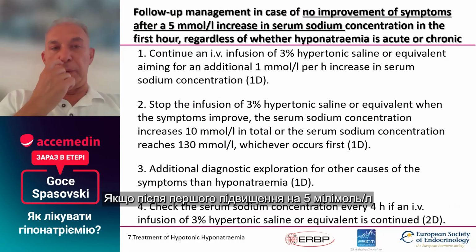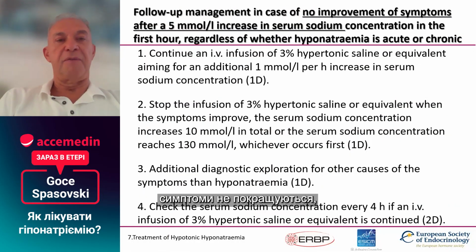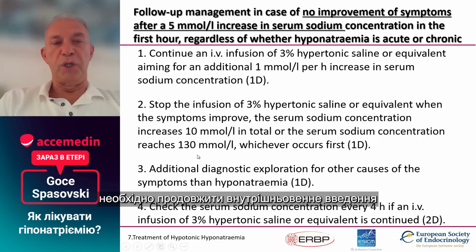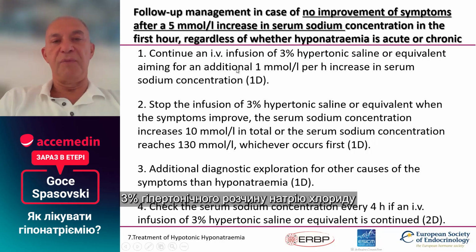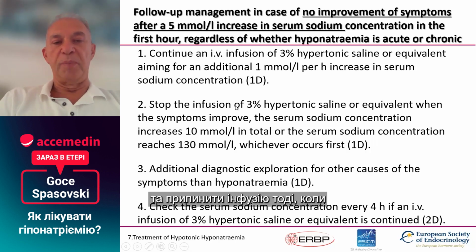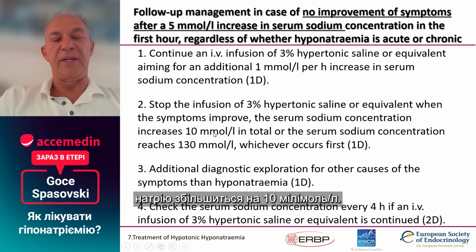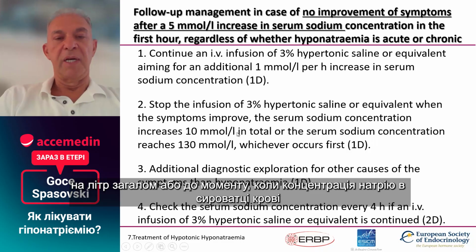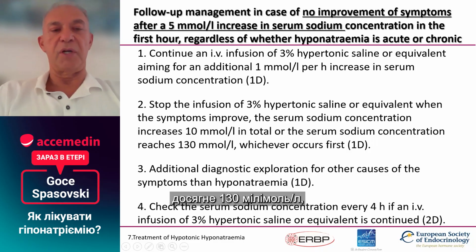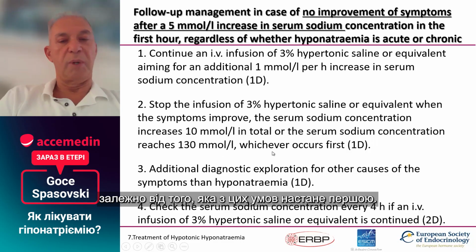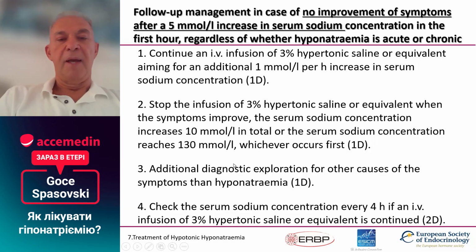If there is no improvement of symptoms after the first 5 millimoles per liter increase in serum sodium, we should continue with the IV infusion of hypertonic 3% saline and stop the infusion when the symptoms improve, or the serum sodium concentration increases by 10 millimoles per liter in total, or the serum sodium concentration reaches 130 millimoles per liter, whichever occurs first.